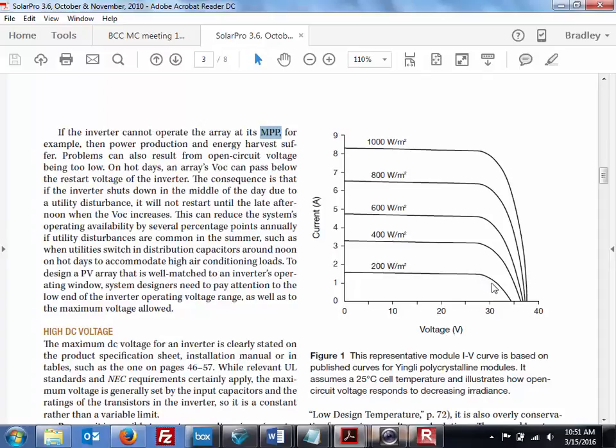By the time you get out here, though, if I went all the way out to this knee, now I'm talking 1 amp, 30 volts, and now I'm back down to 30 watts. So somewhere in between that 37 and that 30 is going to be the maximum. And so the MPP is always, regardless of the power coming into the array, trying to find the sweet spot in that knee of the curve. So that's that.